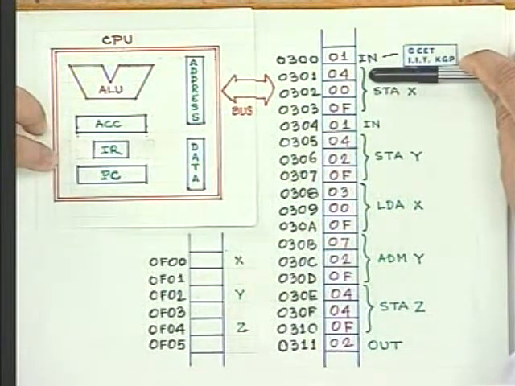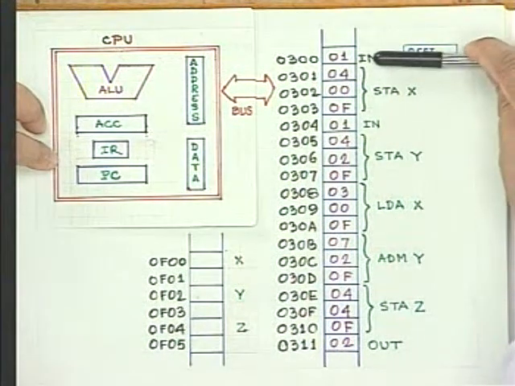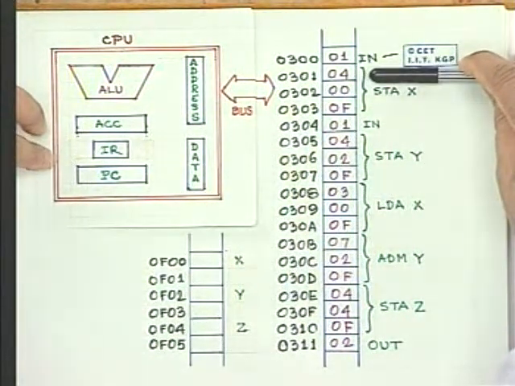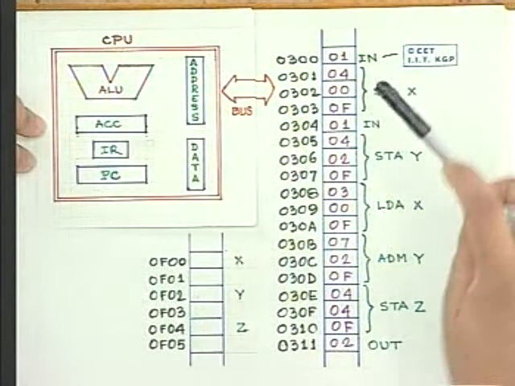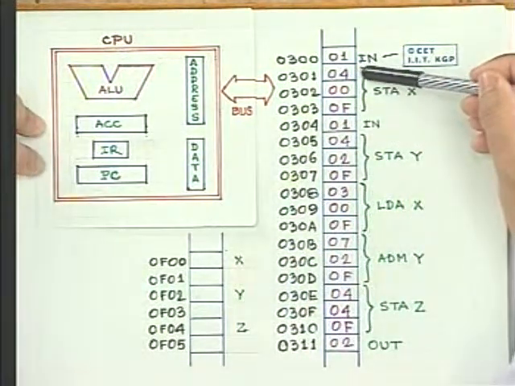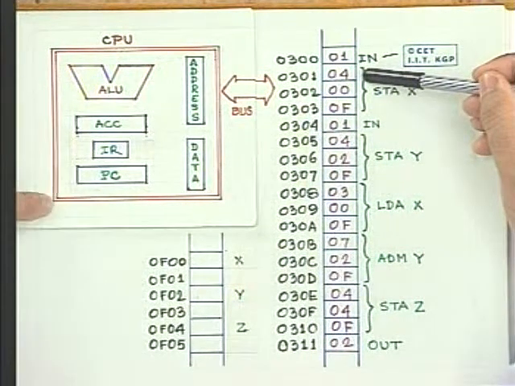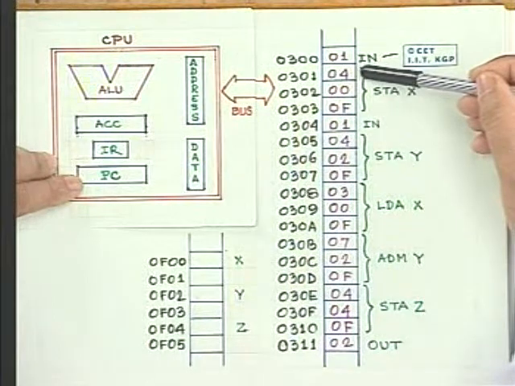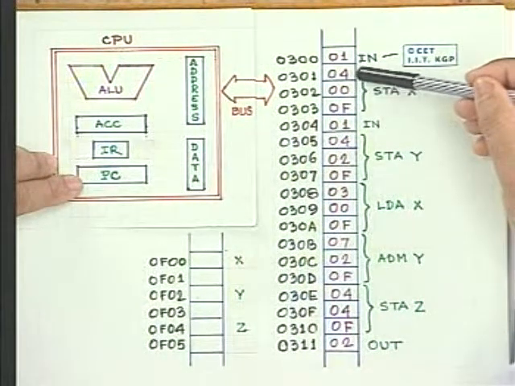Therefore, by the time this instruction IN has been executed, the program counter is now pointing to the next location 0301, which is the address of the next instruction, the store accumulator, the 04. Therefore, in the next instruction cycle, the content of the program counter is once more taken, that means fetched.